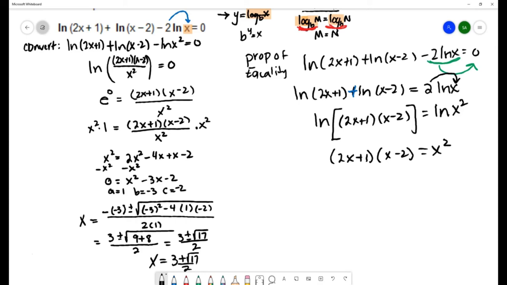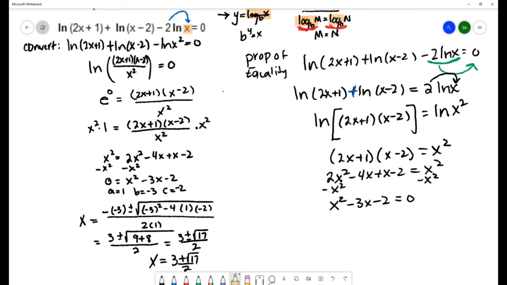And when I get to this spot in the equation, I can multiply this out, and that would be 2x squared minus 4x plus x minus 2 equals x squared. I can move all the terms to the same side and combine like terms, and I get x squared minus 3x minus 2 equals 0.